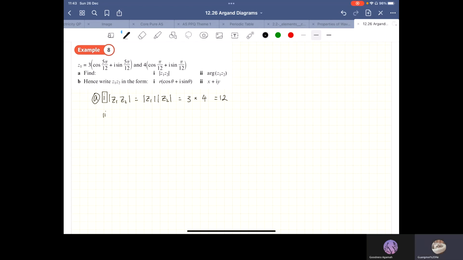Part A, the second part. We need to find argument of z1 z2. How do we simplify that? Subtract them? No, if it's division, it's subtraction. If it's multiplication, it's addition.